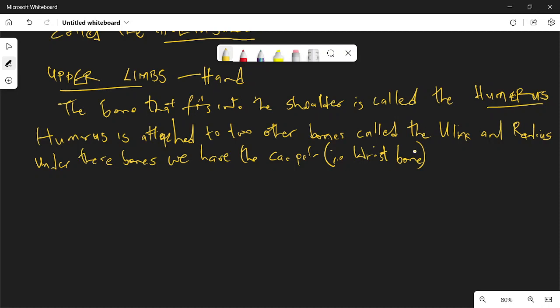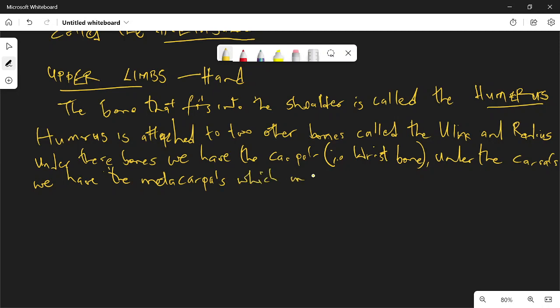And then under the wrist bone we have the what? The metacarpals. Under the carpals we have the metacarpals, which make up the palm.